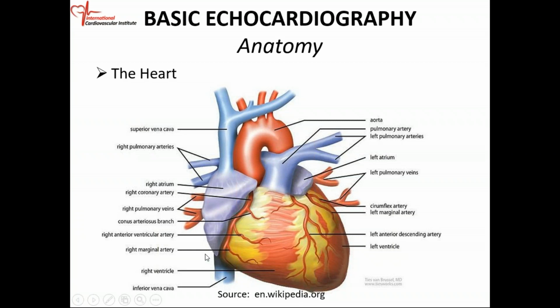You can see that this is your inferior vena cava, and we depict veins as blue and arteries as red, because veins take deoxygenated blood from tissues and organs.